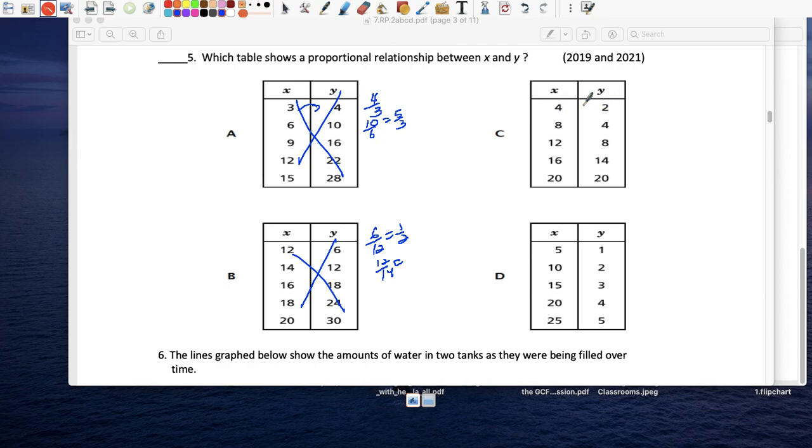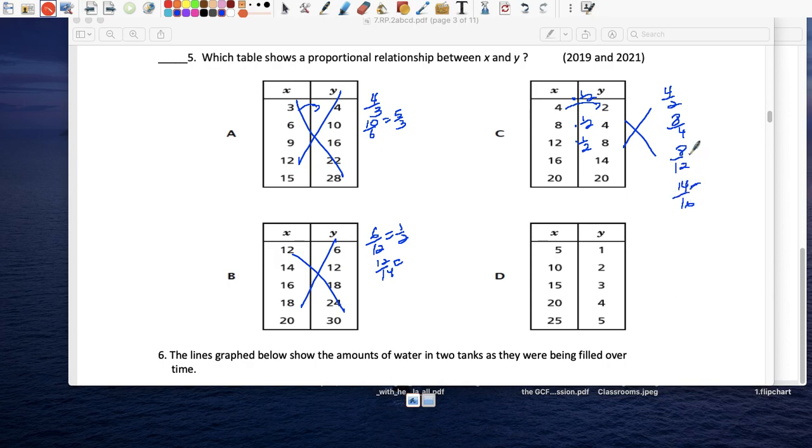Okay, so again, look at this. How do I get from 4 to 2? You multiply it by a half, right? This one is times a half. And then is 12 times a half 8? No, it's not. But again, you can do 2 over 4, 4 over 8, 8 over 12, and 14 over 16.